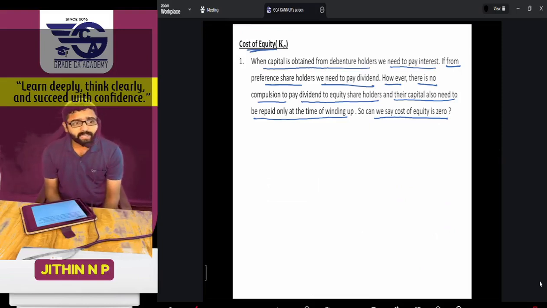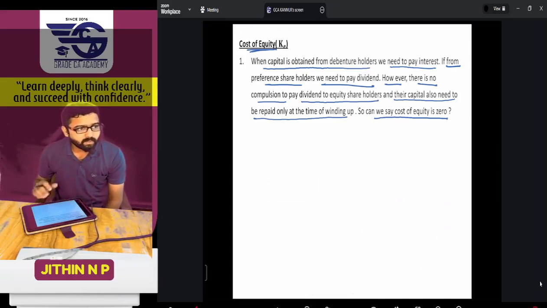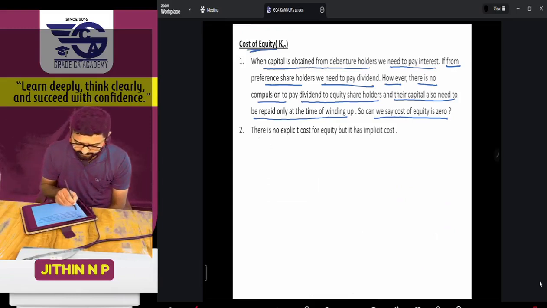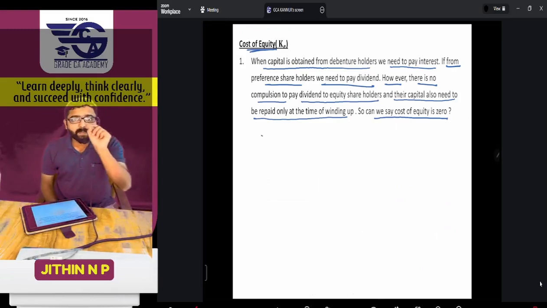Cost of equity is never 0, because every investor has some expectation of return. If they don't have any expectation, they won't invest. Clear? We cannot say there is no cost of equity. If we issue debentures, the debenture itself mentions, say, 10% debentures.